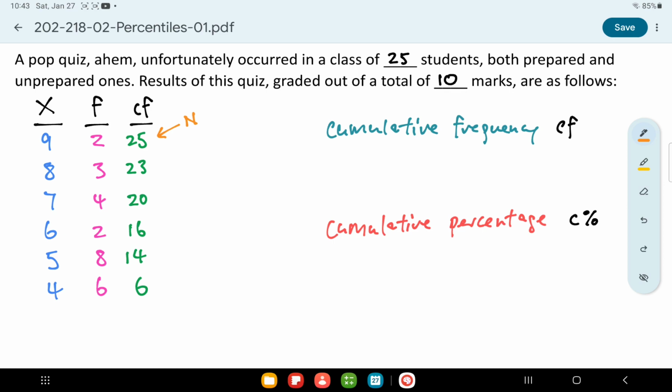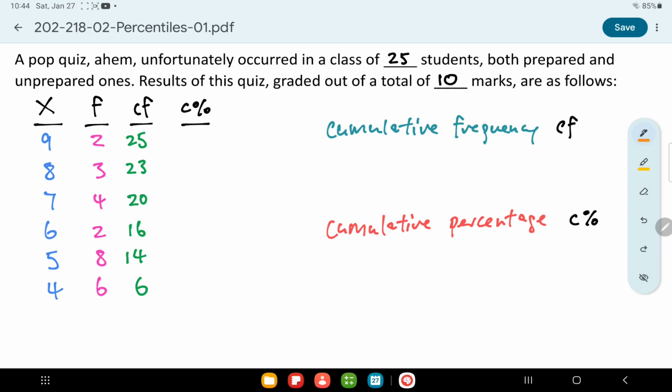Nothing above 9, so nobody received a perfect 10 out of 10 on the quiz. However, 2 students scored 9 out of 10, and everybody else scored beneath. So the top number will always be the entirety of the population.